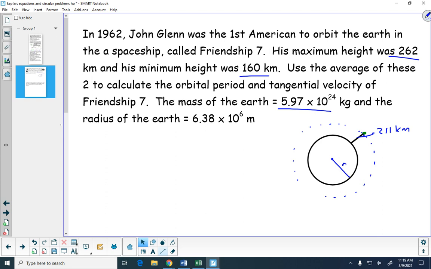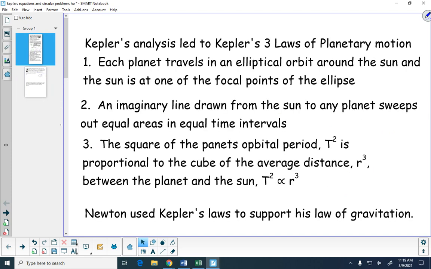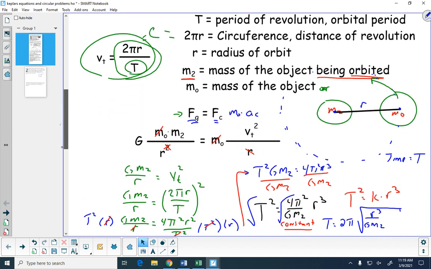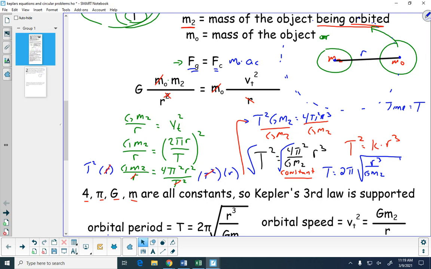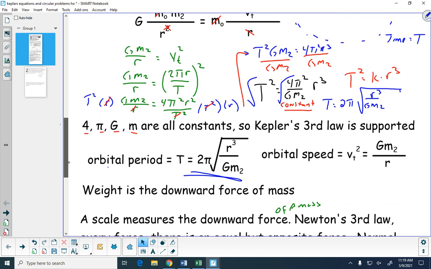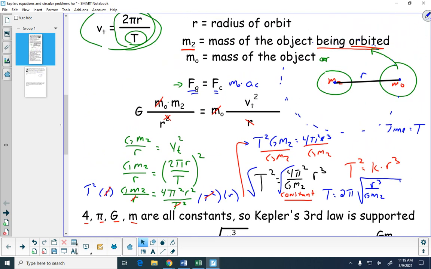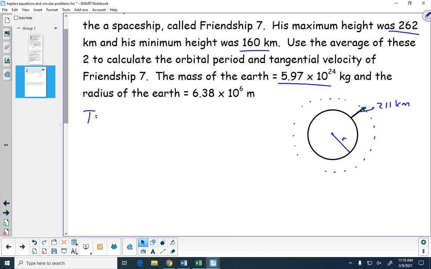We want to calculate the orbital period and then the tangential velocity. Well, the orbital period can be calculated by 2 pi times the square root of r cubed over GM. So we have 2 pi square root of r cubed divided by GM, where M is the mass of the Earth.